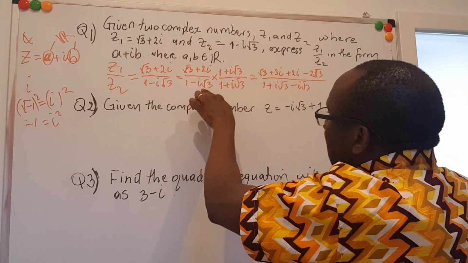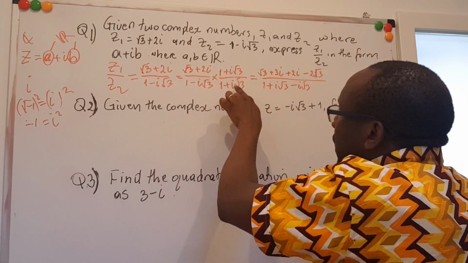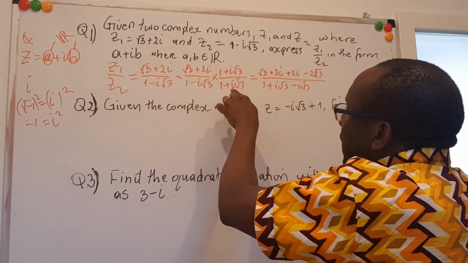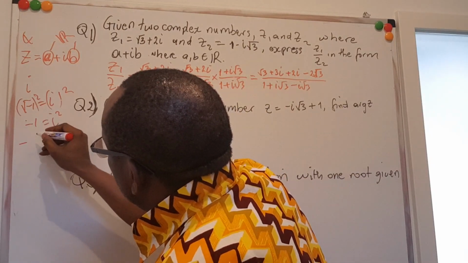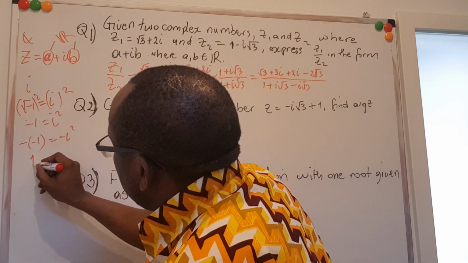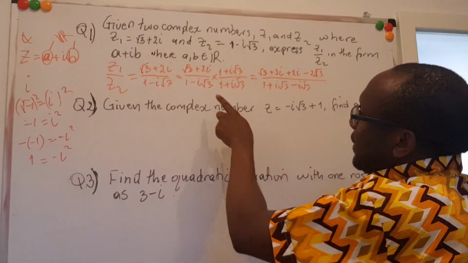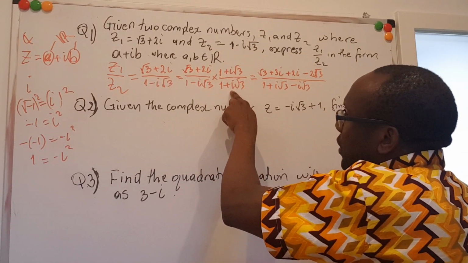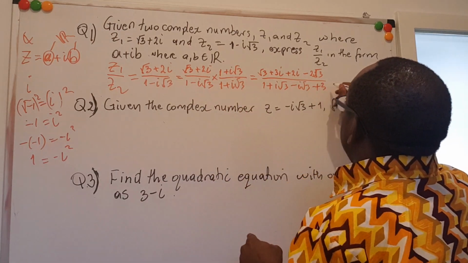And minus i root 3 times i root 3: root 3 times root 3 is 3, and minus i times i is minus i squared, which is plus 1. So this is plus 3.